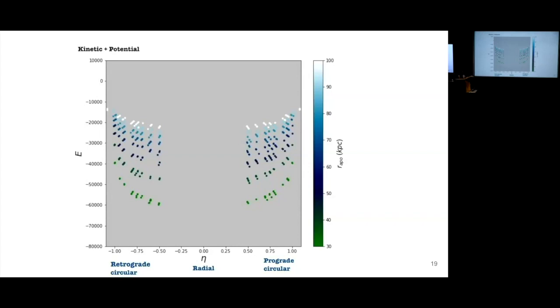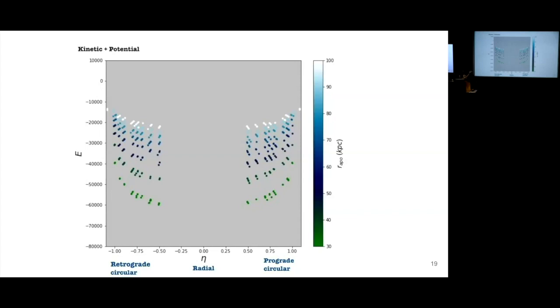On the left-hand side, with negative circularities, you have retrograde circular orbits, close to zero you have radial orbits, and on the positive side, you have prograde circular orbits. Each of these dots in the energy diagram shows the mean energy of each of those streams, and they're color-coded by the apocenter radius.